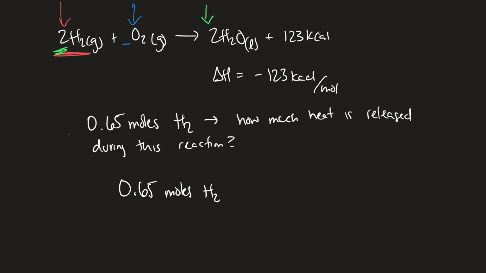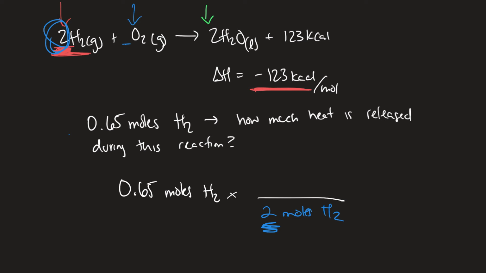Looking at this reaction, we can clearly see that for every 2 moles of H2, you produce this amount of kilocalories of energy, and we can use this as our conversion. I would say 2 moles of H2. Where am I getting this 2 from? It's coming straight from the chemical reaction.